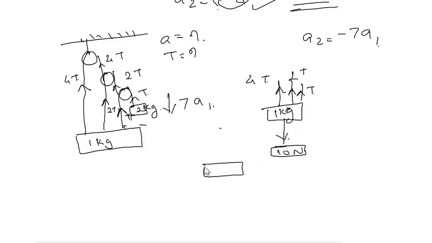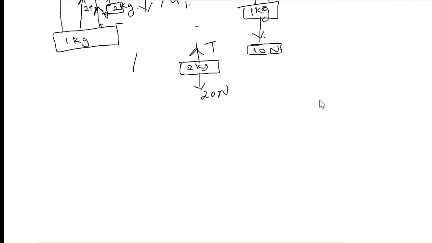For the 2 kilogram mass, 20 Newton is acting downward, and T is acting upward. Now we are going to find the total effect of all the forces acting on it.